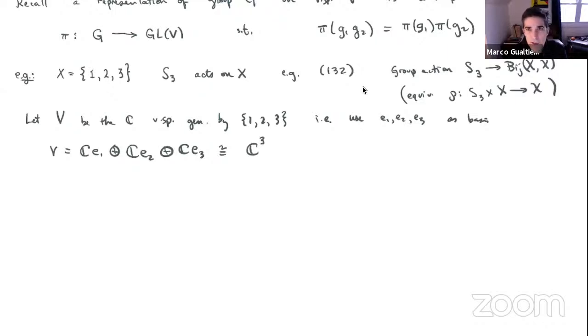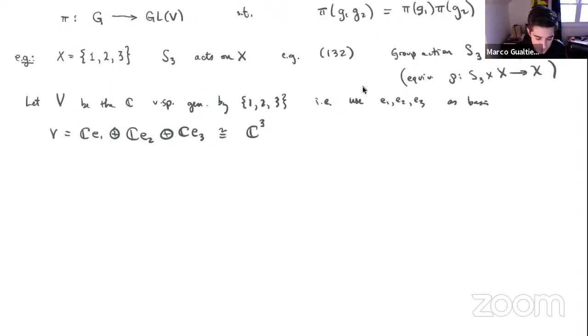Okay, and because you know how every group element acts on this set, you know how it acts on the basis. And if you know how a linear transformation acts on a basis, then that's all you need to know. So that defines a representation.